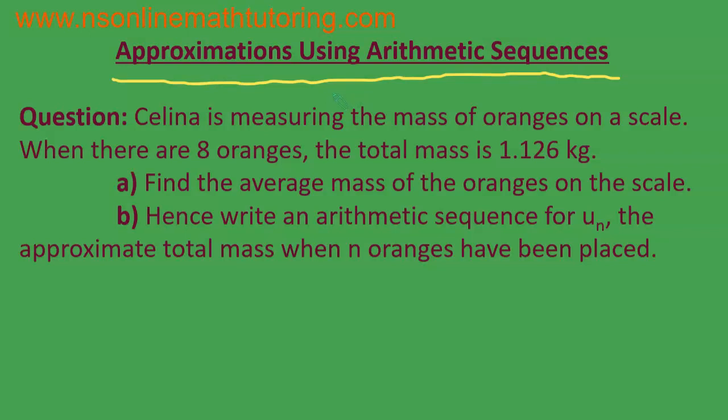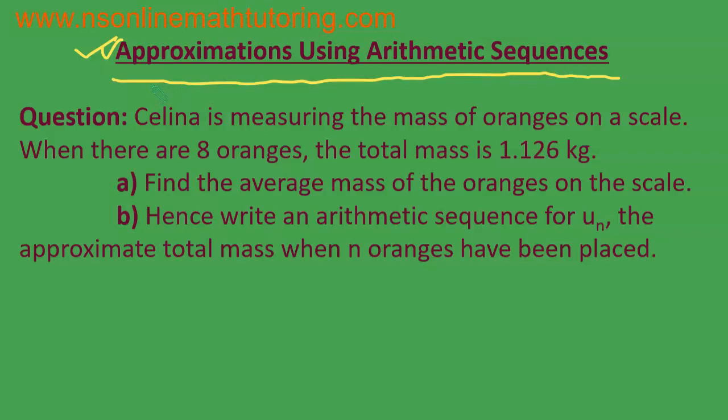So in these cases, we can use an arithmetic sequence as an approximation. Because the common difference is not a constant, it is not exactly the common difference. You don't have an exact common difference, but the difference is very, very little. Okay, so for all practical purposes, they may be taken as a constant.